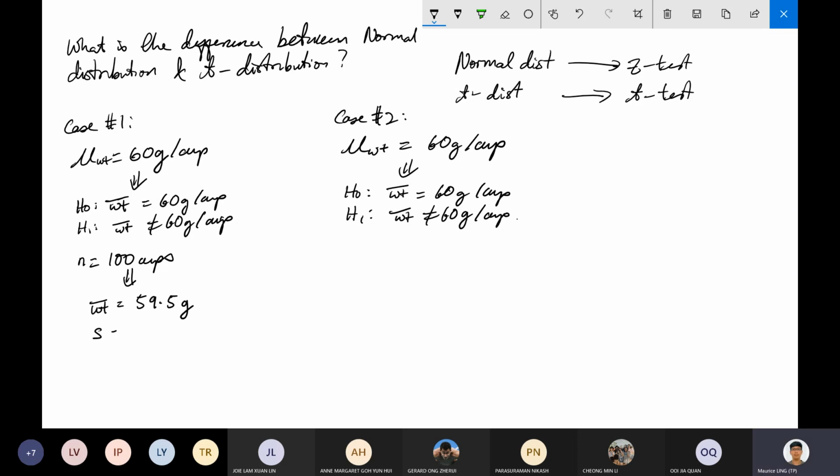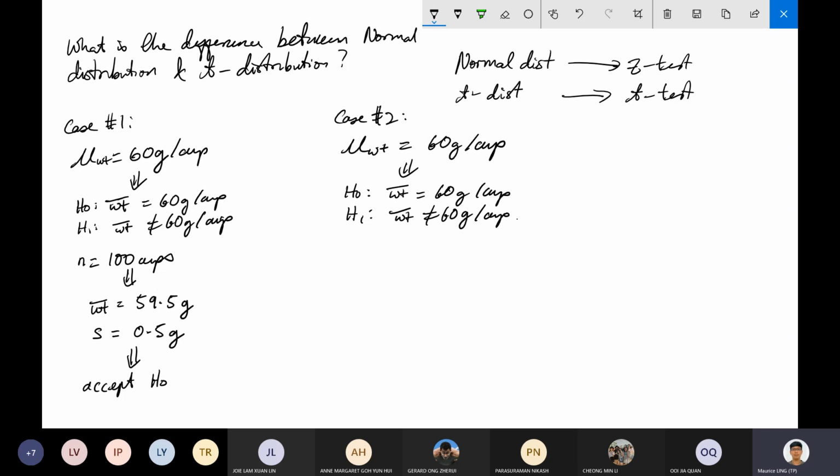Your standard deviation is, let's say, 0.5 grams. And after this, I never actually do the calculation, so I'm not sure whether it's right. The end result is you decide you accept the null hypothesis, assuming.